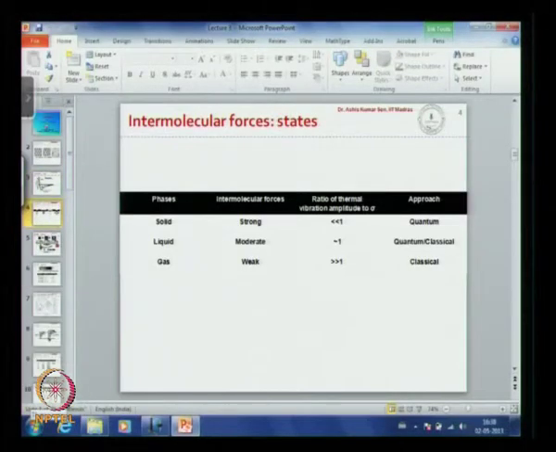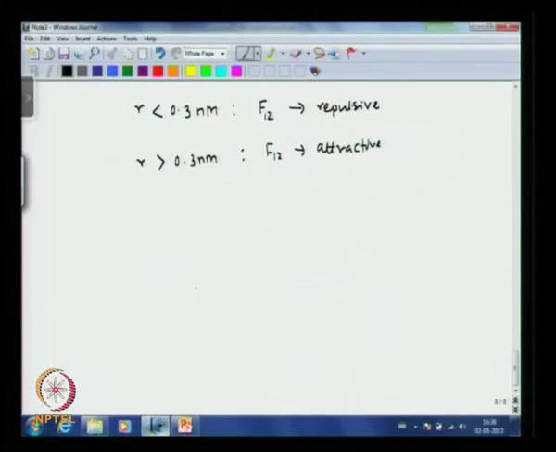So, now let us look at the continuum assumptions. We can assume that the fluid is continuum when there are a lot of molecules present in a fluidic space.